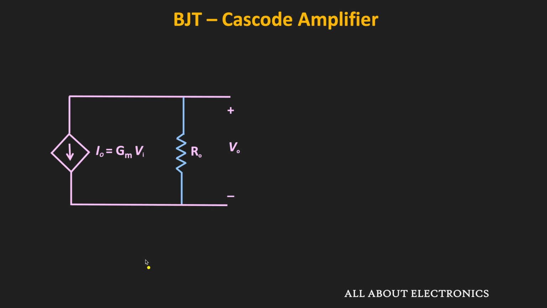That means the output current of the amplifier can be given as Gm times Vi. And if we see the output voltage, then this output voltage is equal to minus Gm times Vi times R0. So from this we can say that V0 divided by Vi, or the voltage gain of this amplifier, is equal to Gm times R0.